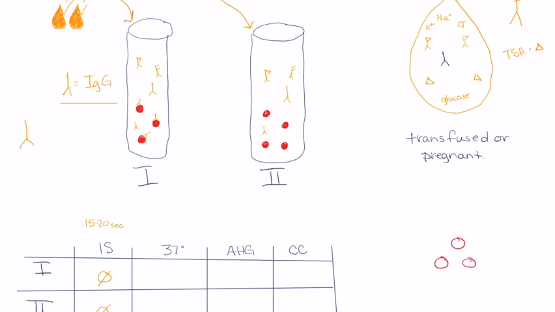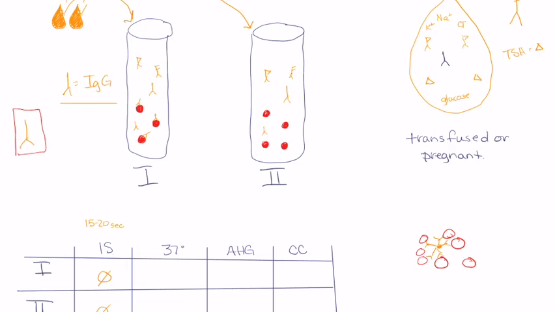And those IgM antibodies are so good at it because they have 10 antigen binding sites, so they can form that lattice network. So an IgM antibody we can see at room temperature at immediate spin because they form that lattice of agglutination, where this IgG cannot do that.